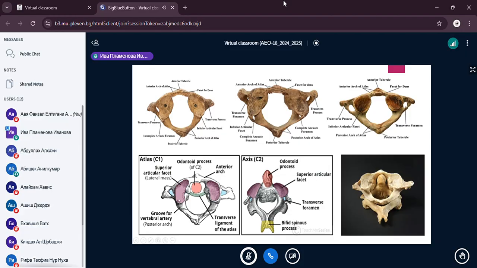The superior ones are connected to the occipital bone. The inferior are connected with the C2, the axis.